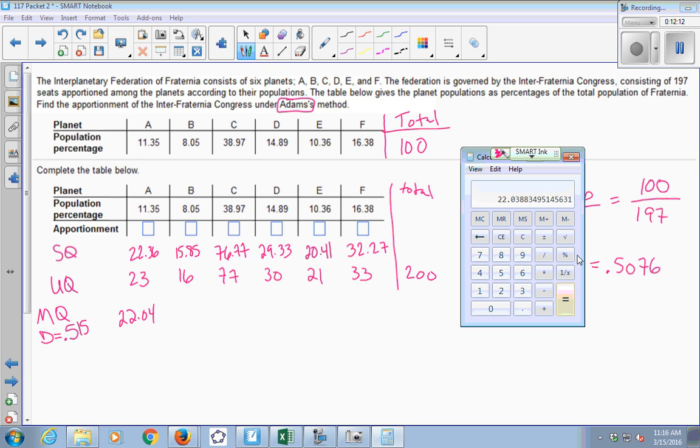Okay, that makes more sense. 8.05 divided by 0.515, 15.63. 28.91. 20.11.